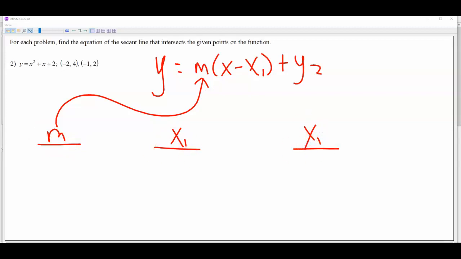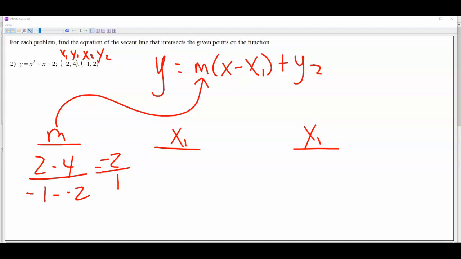Now let's find our slope. I'll call this one here x1, y1, x2, y2. So the slope is going to be y2 minus y1 over x2 minus x1. And that's going to be negative 2 over 1. So I've got a slope of negative 2 there, basically.